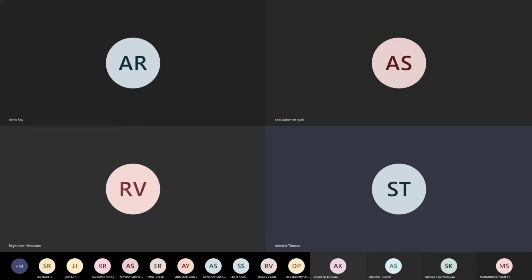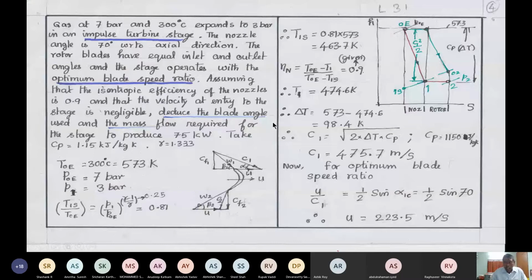This was the problem which we started yesterday to solve. It's about an impulse turbine stage. You are given the initial condition 7 bar and 300 degrees centigrade, and it expands to 3 bar.